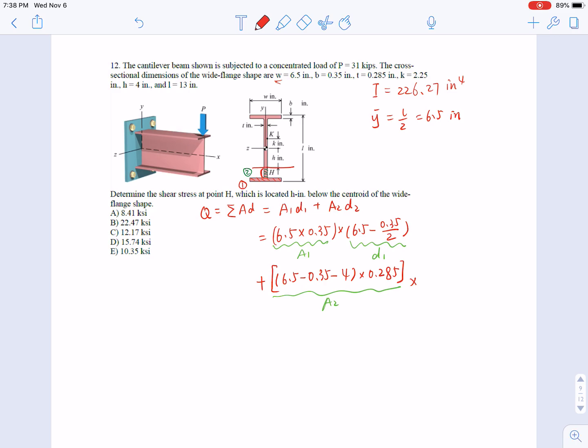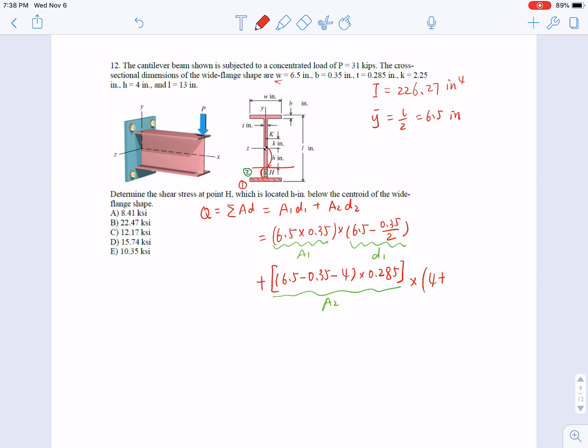The D2 can be calculated by 4 plus, 4 is the H, from this centroid to the edge of this rectangle, that is 4.